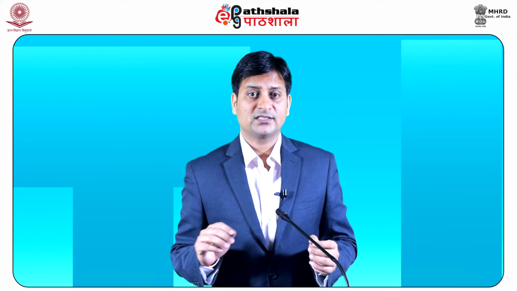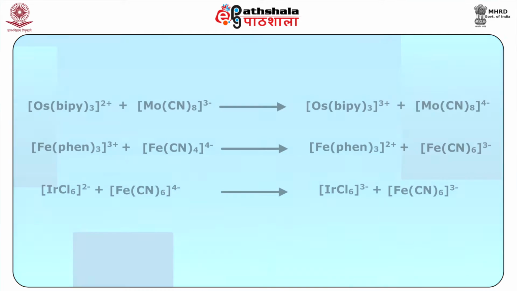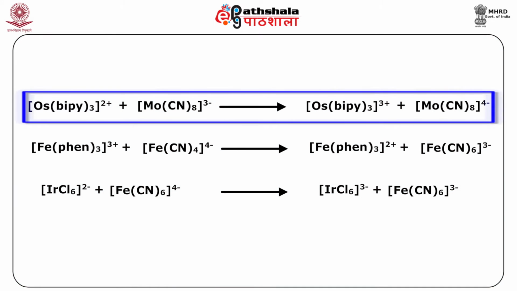Some other cross reactions are also known, like the osmium tris bipyridyl system, where osmium is in +2 oxidation state. It reacts with the octacyanomolybdenum species, where molybdenum is in +5 oxidation state, leading to the formation of osmium tris bipyridyl 3+ and molybdenum CN8 4-.